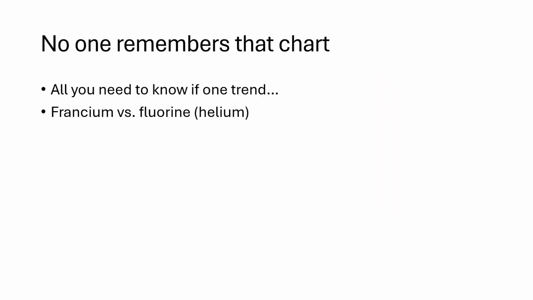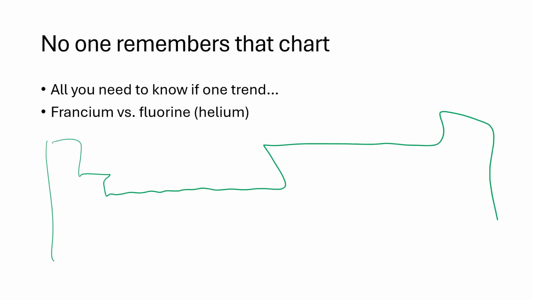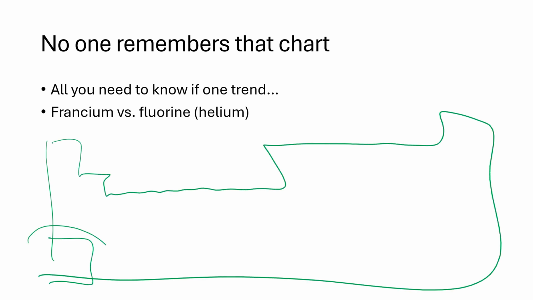So if you look at the periodic table, francium is down here. Francium is the largest, and then fluorine and helium are the smallest. I'm going to use both of those: whenever I say fluorine, I mean both.